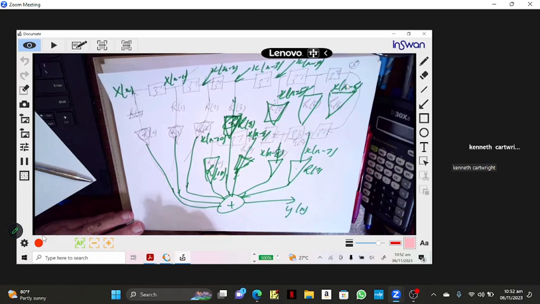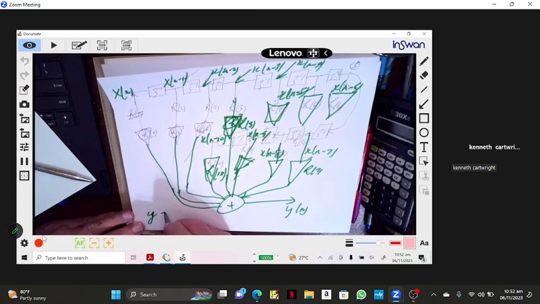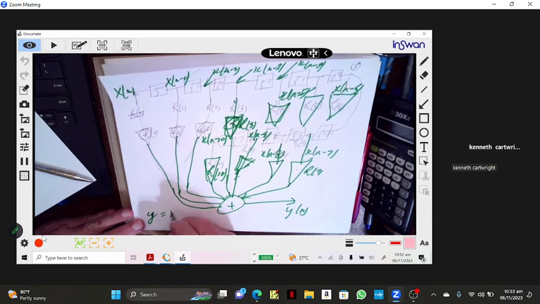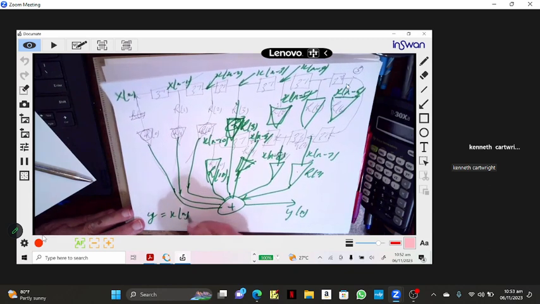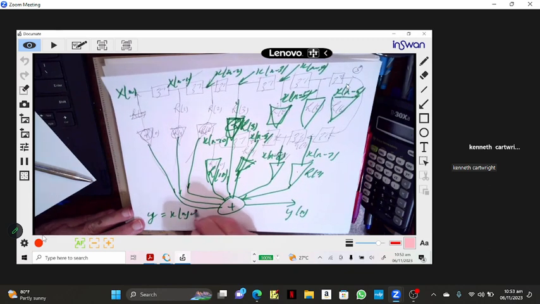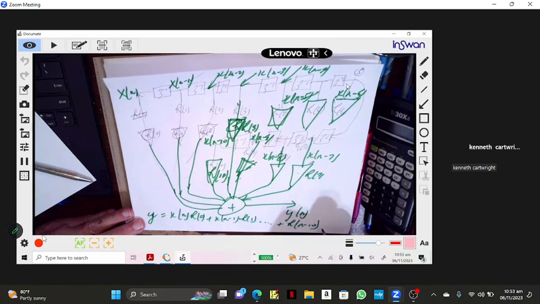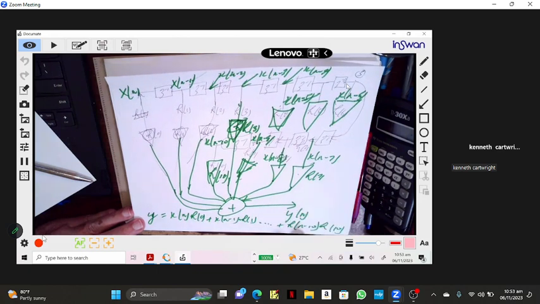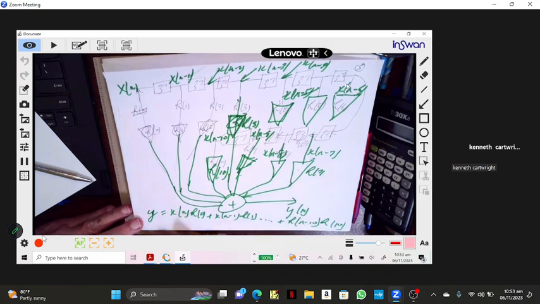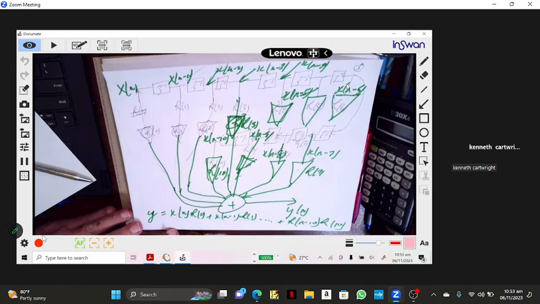So what you have then is y equals x of n times h of 0 plus x of n minus 1 times h1 all the way up to x of n minus 10 times h of 10. Convolution, in other words, the output is x convolved with h.